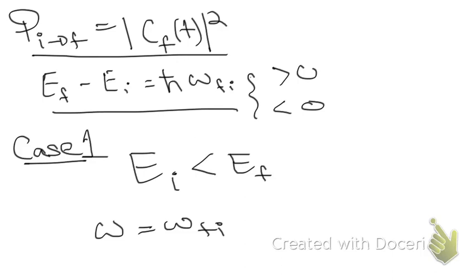So in this particular case, the dominant probability amplitude is going to be for the transition happening from a lower state to a higher state.